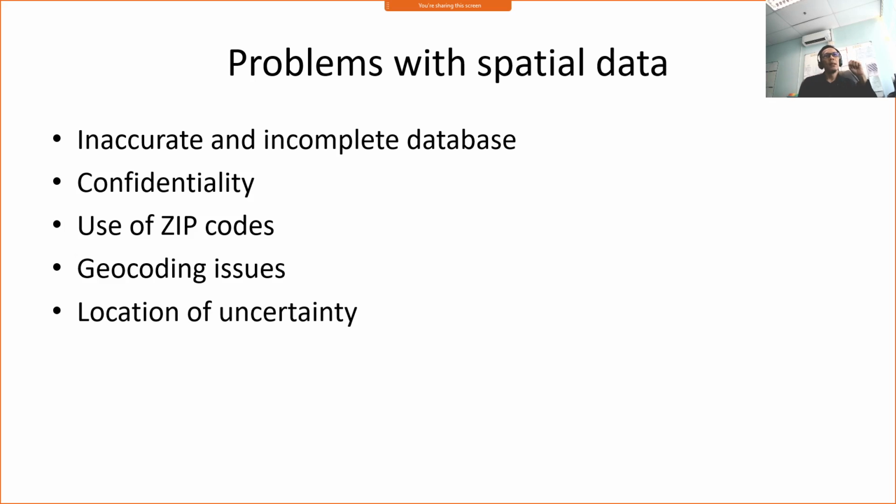Okay, and then zip codes. Another issue, because for example in Malaysia, zip code or postcode represents the area of the post office service, not the residential area. In the UK for example, the zip code represents the residential area, office area, or part of the university area.